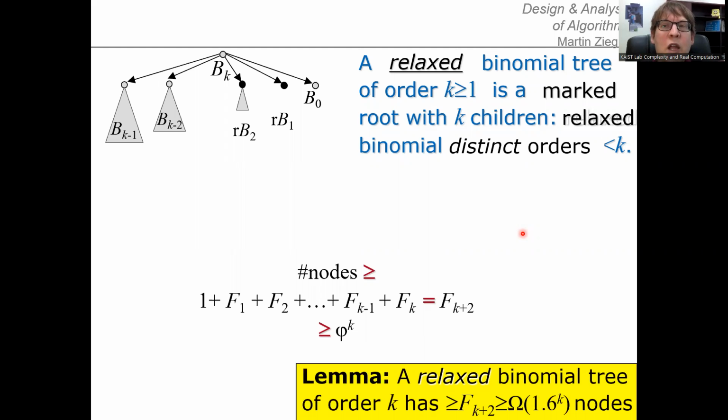Fibonacci heaps being a collection of relaxed binomial trees, a generalization of the binomial heap data structure we talked about before.